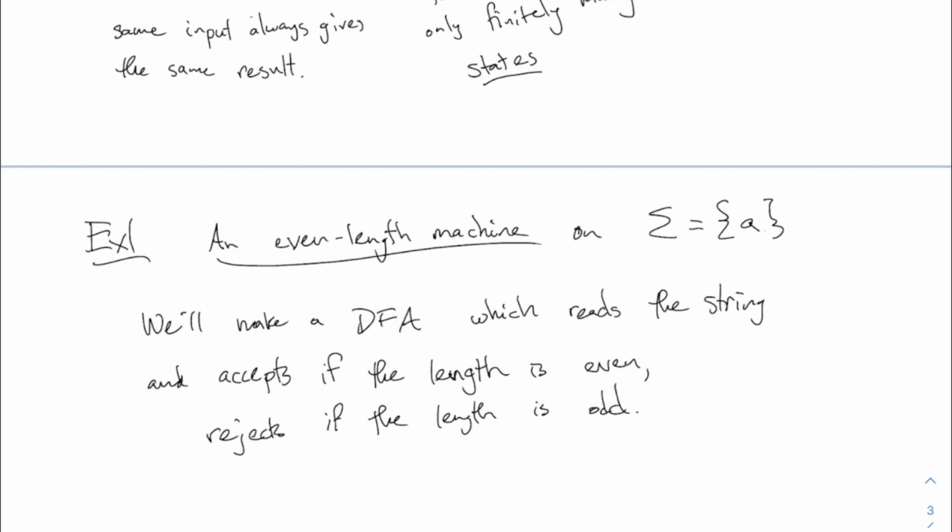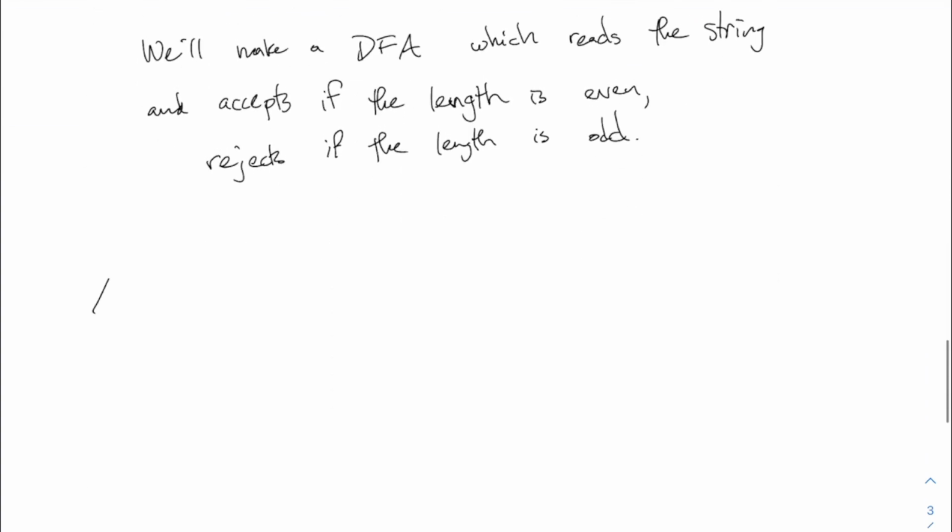And the way that a DFA always works is you give it the string, the DFA reads the string one letter at a time, and then by the time it gets to the end, it tells you the answer, either accepted or rejected. So a DFA reads the string one letter at a time, left to right.